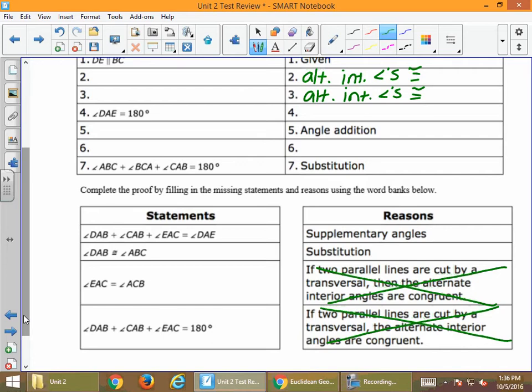Okay, well, when we're stating alternate interior angles are congruent, which one of these would make the most sense to put with that?